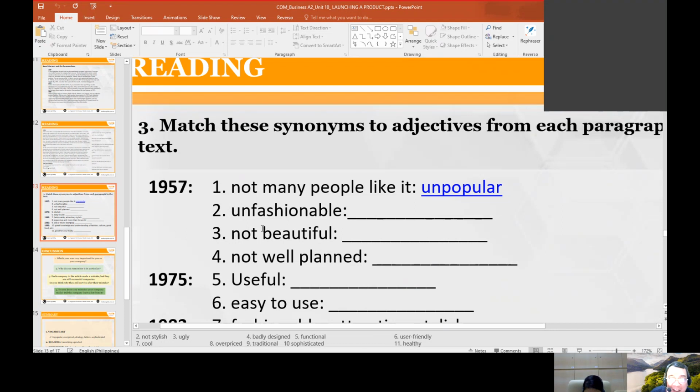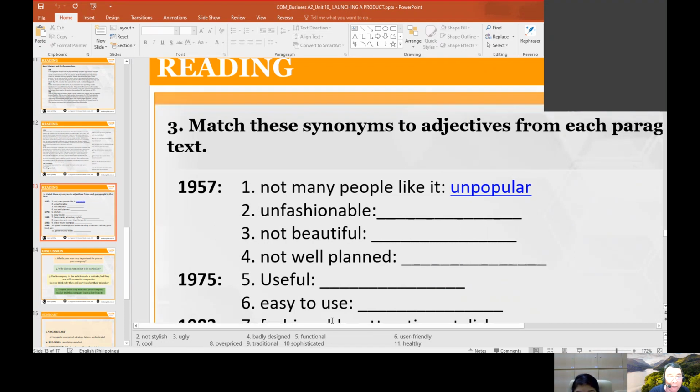When you say unfashionable, that means not stylish. When we say not beautiful, it's ugly, right? When we say not well planned, that's badly designed.